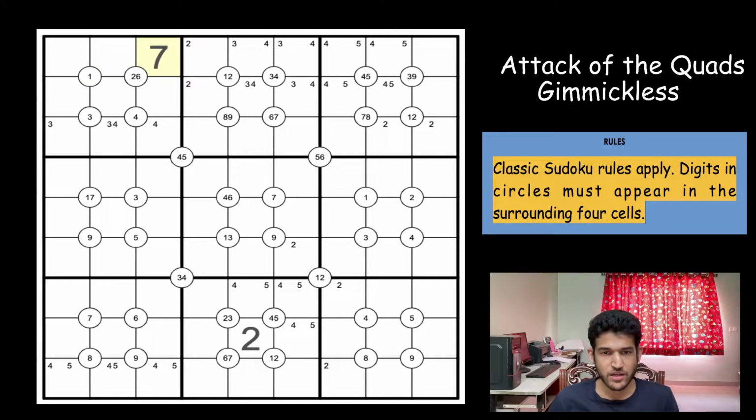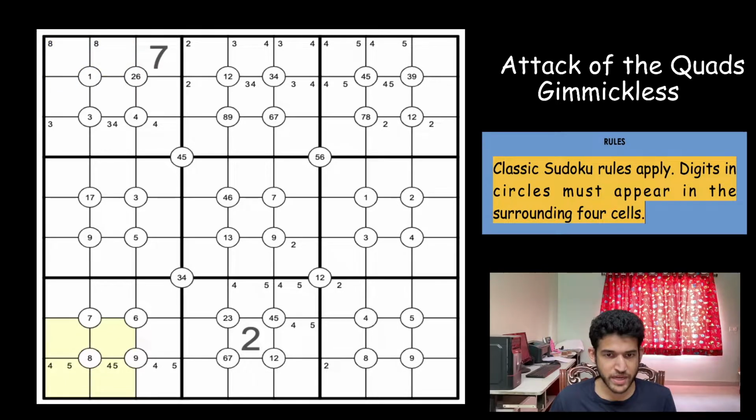So we got our second digit. Very interesting, really. What do we do next? Okay, 8 is in these 4 cells and 8 is in these 4 cells, so 8 goes here. And I'm just seeing the 8s here.